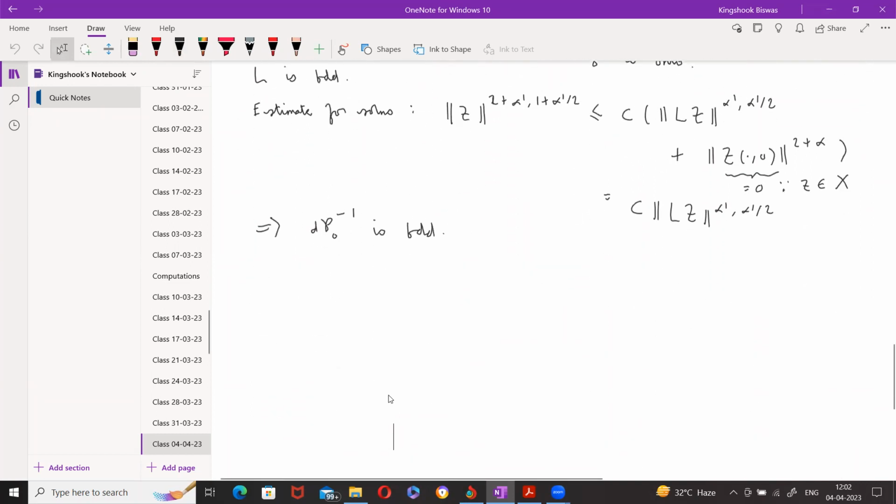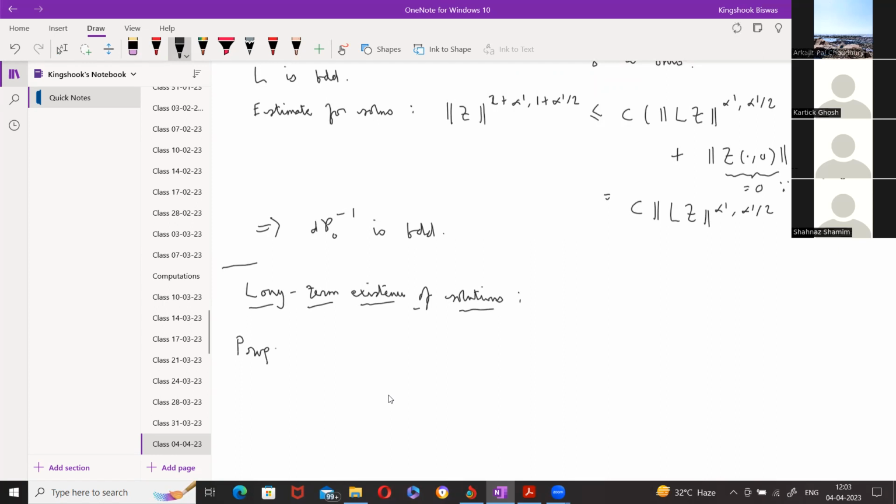Okay, that's it. So that finishes the proof. So now we're going to go towards long-term existence of solutions. The main tool for this is something I spoke about at the beginning of the class, which is the parabolic maximum principle.